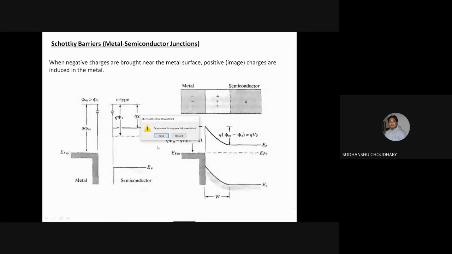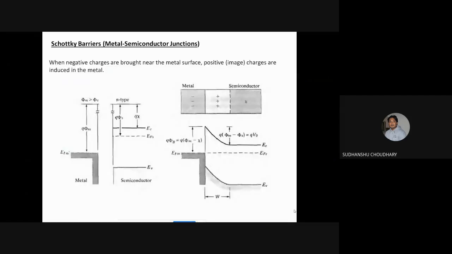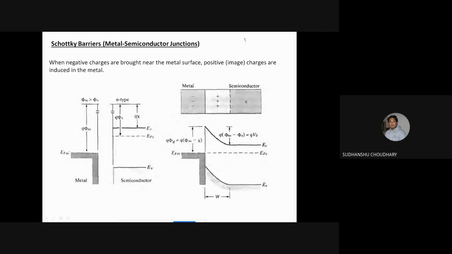Now let us also talk about another important concept here. So far we have only discussed the PN junctions, that is the junction between two semiconductors of different types, two semiconductors of different conductivity.